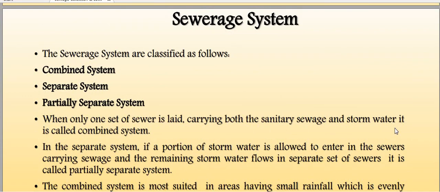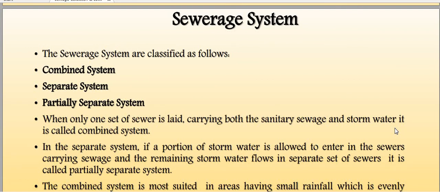In the combined system, only one set of pipe is used, where storm water, that is rainwater, and sanitary sewage move. In the separate system, two sets of pipes are used, where storm water and sewage move in two separate pipes.